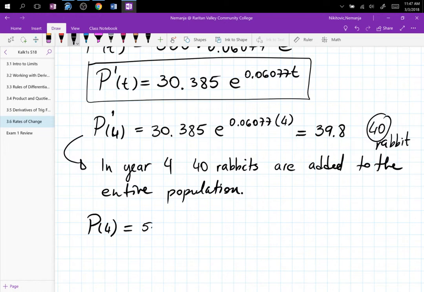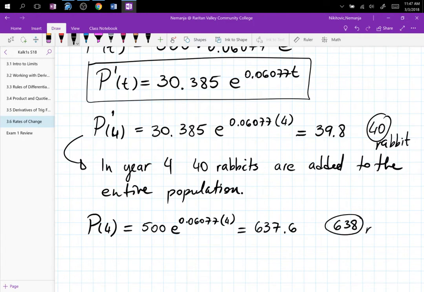So we are going to have 500 e to the 0.06077 times 4. 637.6, so 638 rabbits.